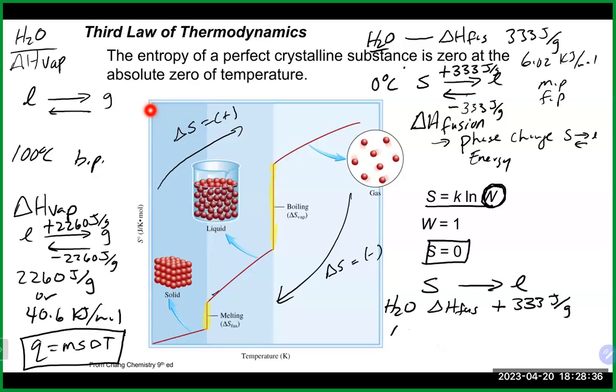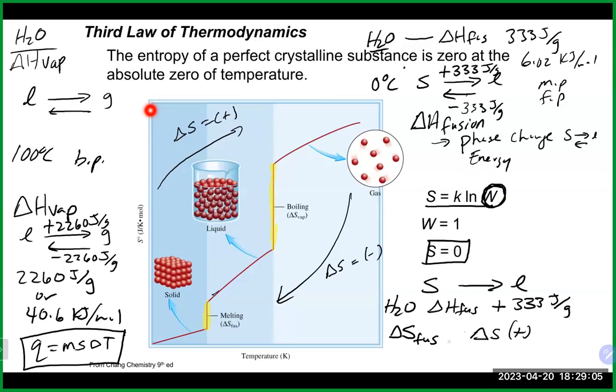So the entropy change that would occur at the fusion, or the delta S of fusion, would end up being a positive value here, right? As we can see, the entropy is proportional to the delta H. So it would increase the amount of entropy because it would be a positive change as we put in that energy.